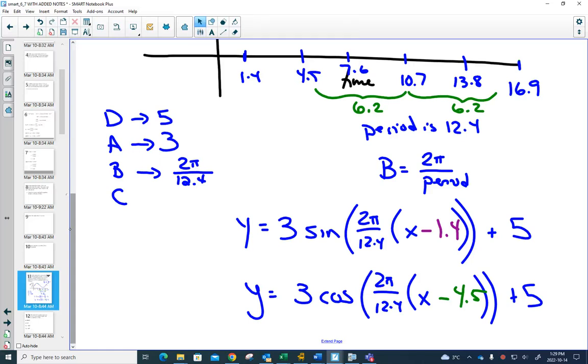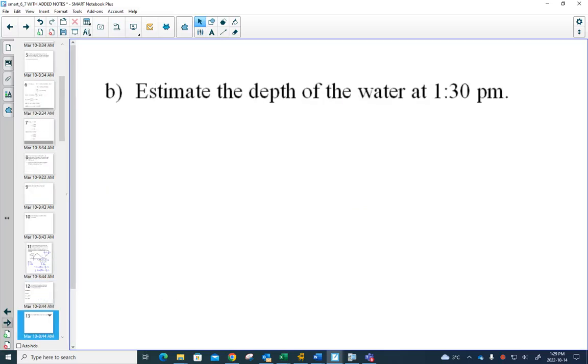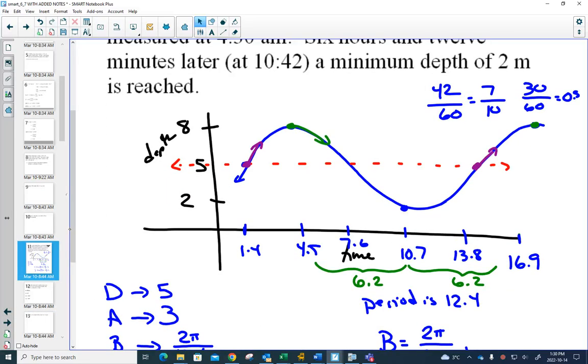And so a lot of this unit, as far as word problems go, is about, can you draw the picture and write the equation? Then if you have the equation, they have some extra questions. Estimate the depth at 130. Now it says estimate, so you could go to your graph and just do the best that you can without figuring out exactly.